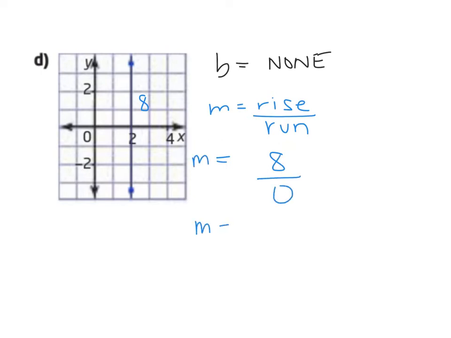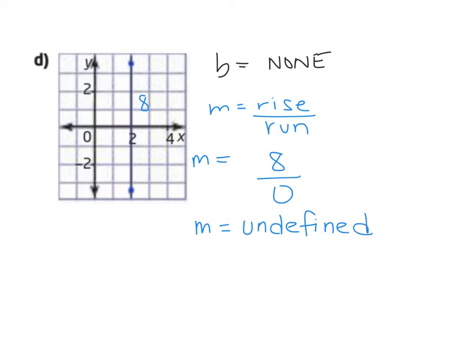Now remember from our lesson on slope, a number divided by 0, meaning 0 in the denominator, is not going to give you an actual numerical answer. You could put it into your calculator and try to do the division, but it will just give you back a computational error, and you won't be able to get an actual answer. So this was the line that we said the slope would be undefined.